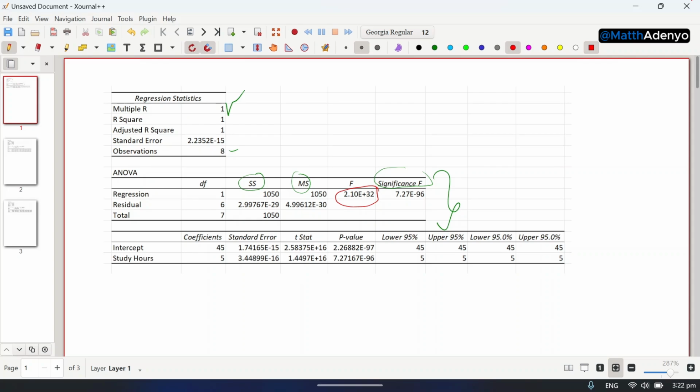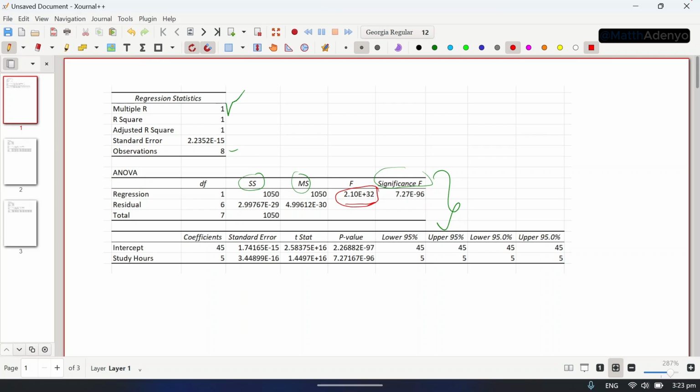So that is what this particular one is telling us, showing that our regression model is very, very significant. It explains almost all or a very large portion of the model. And then the last one, which is significance F.